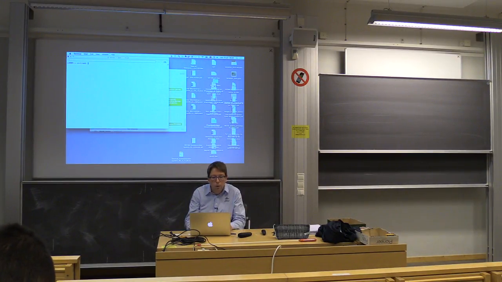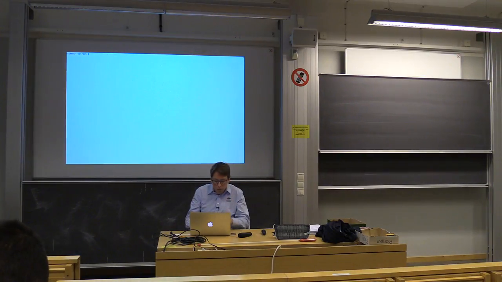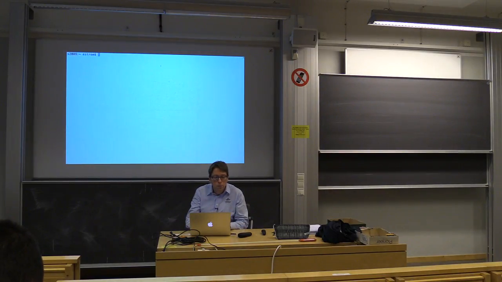Is that big enough? All right, so let's see if I can do this. It's always exciting because there are many ways you can do this wrong. The first thing we need to do is to figure out the IP address.